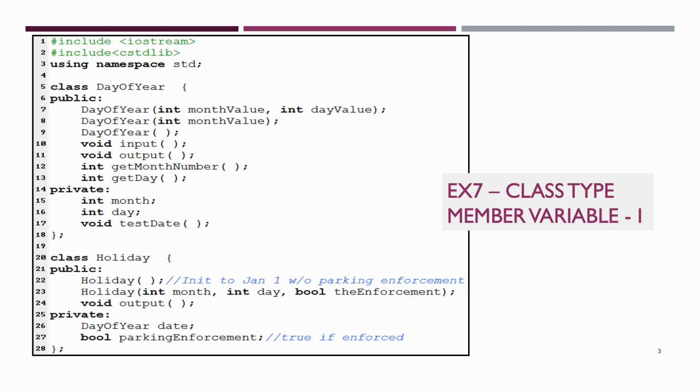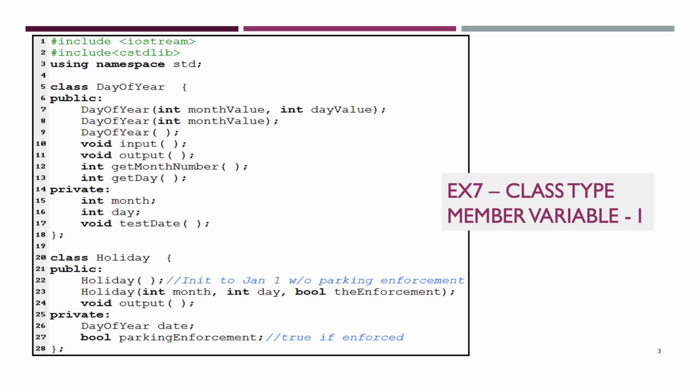Input and output functions are typically used for reading input and printing output. They are not fully implemented here, but they are here for you to complete the code.